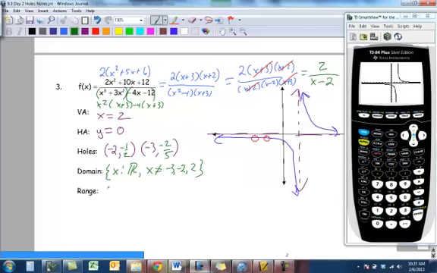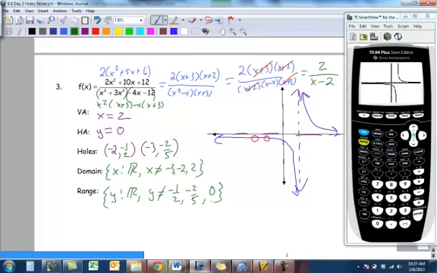All right, and our range is y is all real numbers except y is not... Everything's good coming up except for -1/2, -2/5, and then the asymptote 0. So y is not -1/2, -2/5, and y ain't 0.